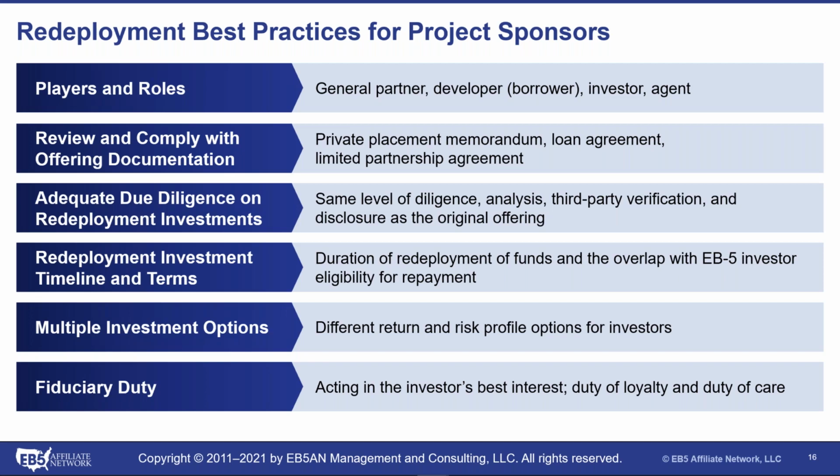Let's say that the project documents basically say that there's no investor consent required, and they're pretty general, right? No investor vote is needed, and the general partner has discretion to maintain the investments in accordance with USCIS policy.